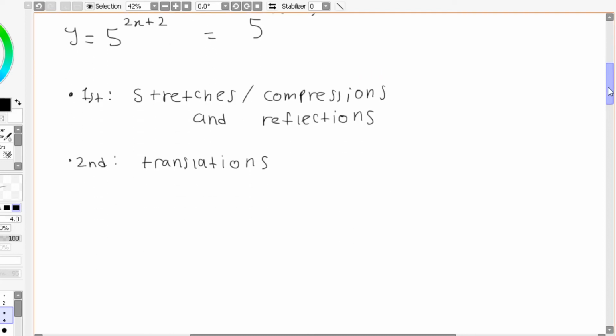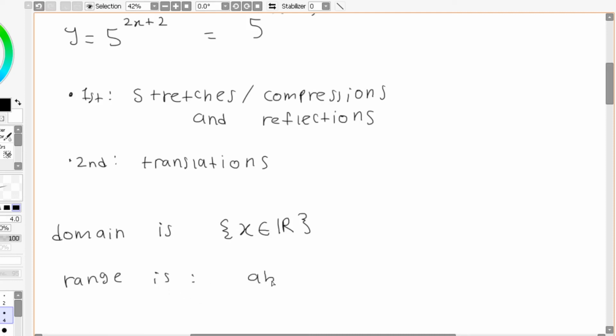Now the last tip is about the domain and range. The domain is always going to be x being an element of the reals, because you can plug any x value, no restriction on x, no matter what translation. Now for the range, it depends on the horizontal asymptote.